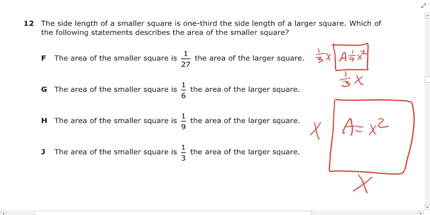So then the area does look like it should be 1/9 of the area of the larger square, which makes sense, because if I was to divide this up into thirds, and each one of these was 1/3 x, 1/3 x, 1/3 x, the whole length adds up to 1x, and there are 9 of these squares, so the area is 1/9 as much of the larger square.